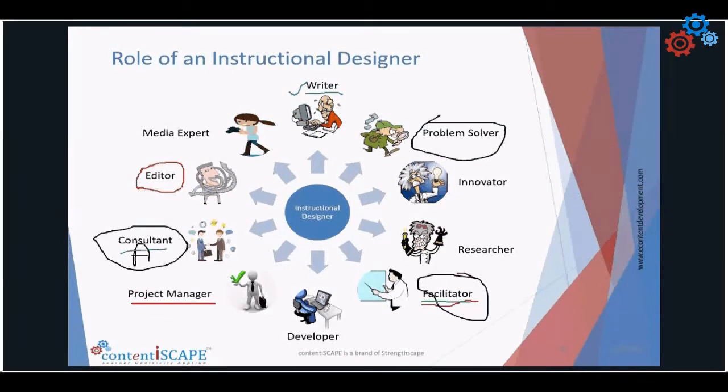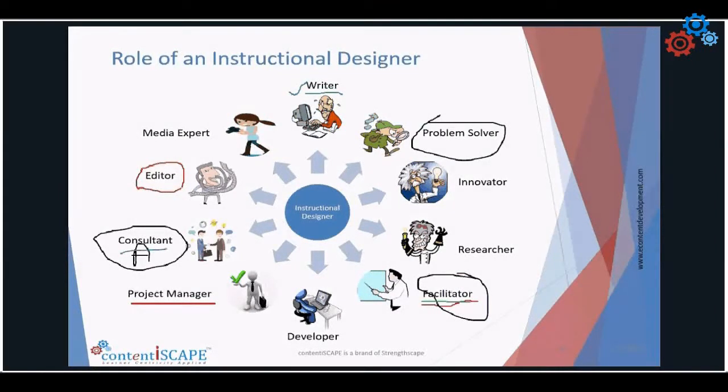The role of an instructional designer is really the combination of all the roles that you see here. It's not just limited to any one, and you will have to wear different hats at different points, and also remember to wear the right hat at the right point: when to become the problem solver, when to become the editor, when to become the project manager.